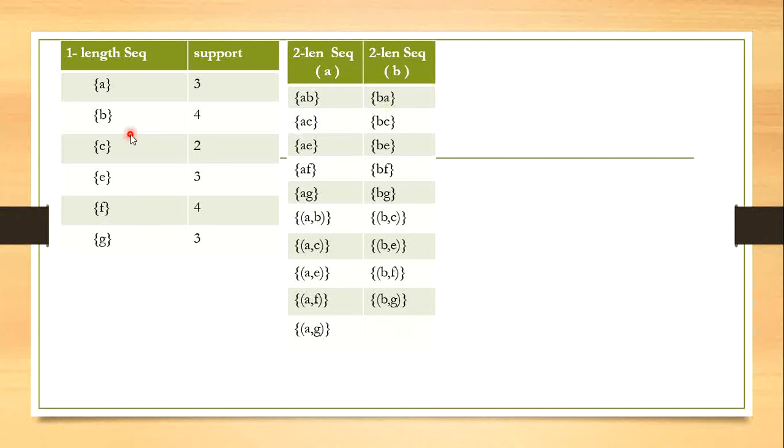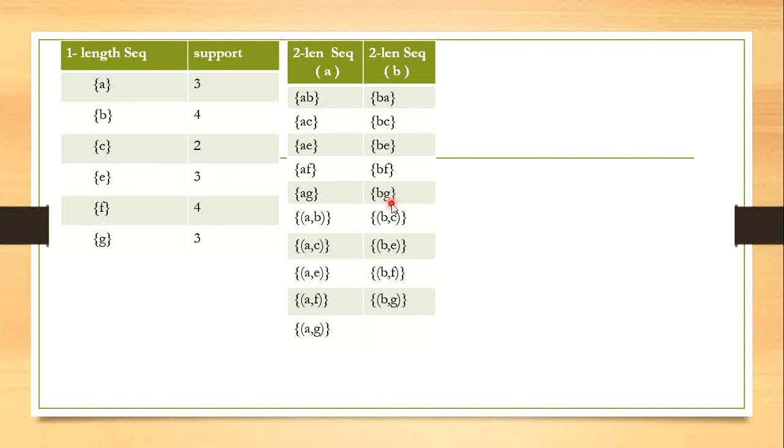Here actually I combined B with A. But one thing, I did not have the sequence B and A within the same transaction for B here. That is because B and A within the same transaction is equal to A and B, which is an already generated sequence when we were generating it with A. Again, if we generate B and A within the same transaction, as both the sequences are equal, it is just a duplicate candidate generation.